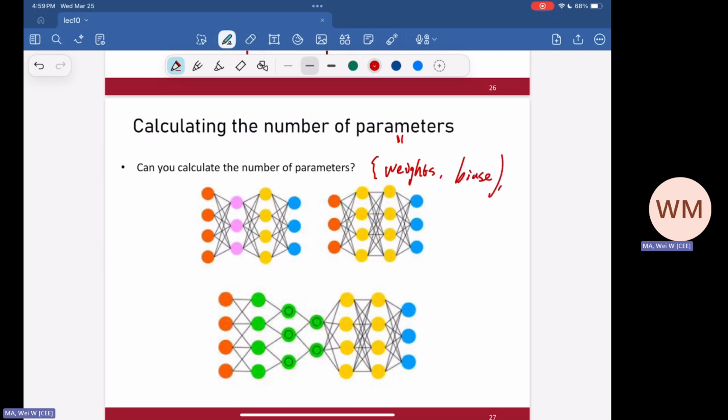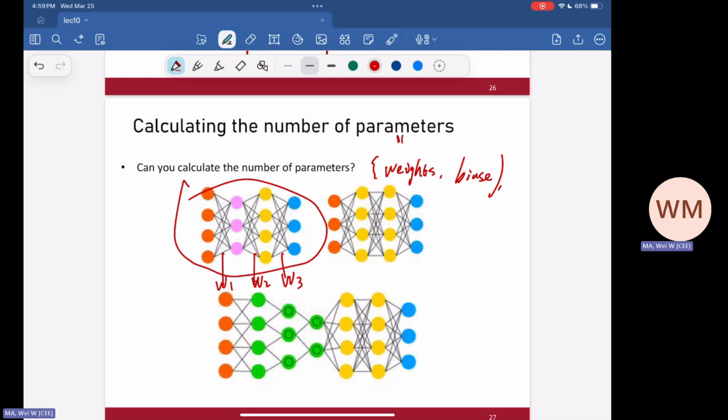So what is a weight? Let's try to calculate this one. What are the weights? This has a W1, this has W2, this has W3, right? So W1 will be 4 by 3, W2 will be 3 by 4, and W3 will be 4 by 3.